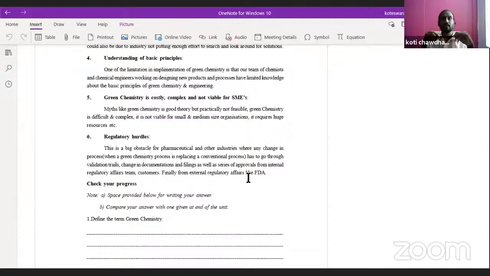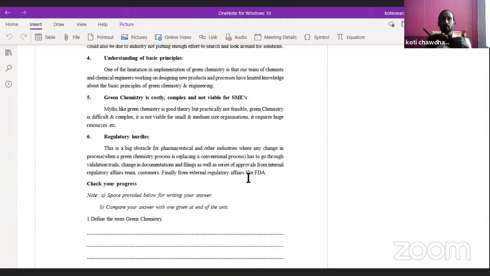Okay, next, regulatory hurdles. Regulatory hurdles means, suppose an industry producing a paracetamol tablet is adopting a conventional process. That conventional process is approved by authorities like foreign drug authorities and Indian drug authorities, controlling authorities like that. They have a certain procedure for the validation of the process, the validation of the purity, the validation of the quality.